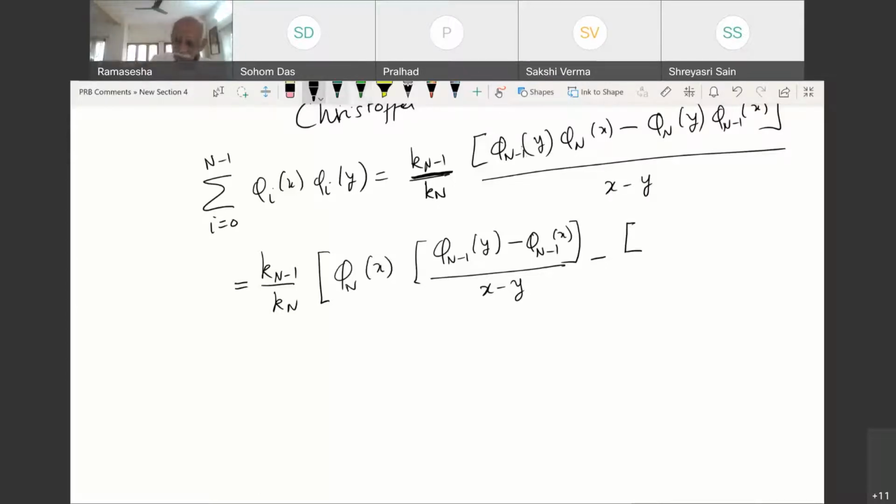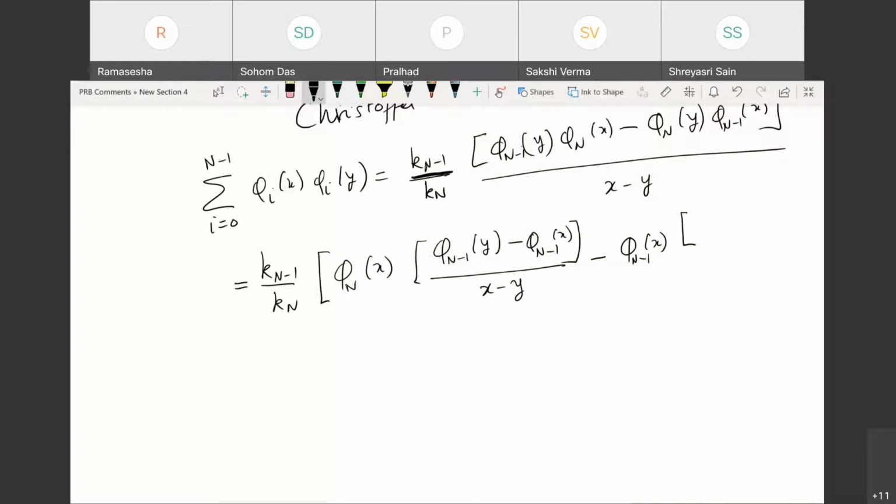Sorry, let me not rush. Then I can take phi_{n-1}(x) into phi_{n-1}(x). I've subtracted, I have to add that, so it should come on the other side.